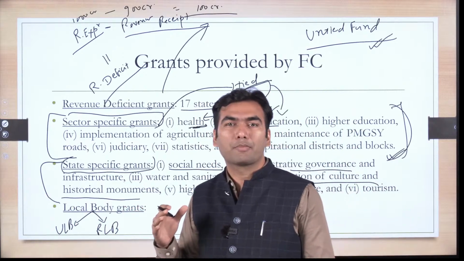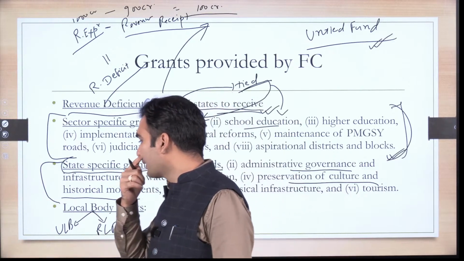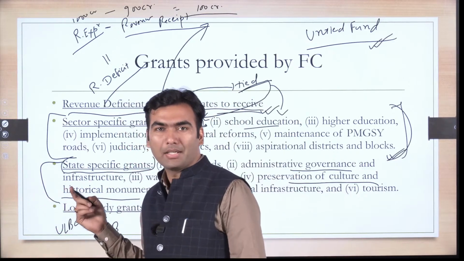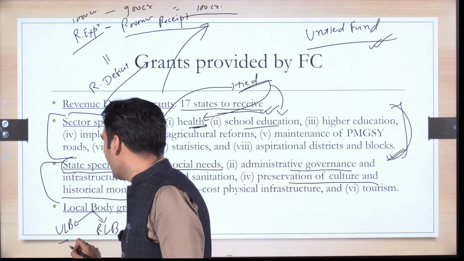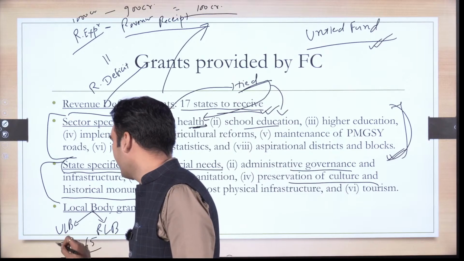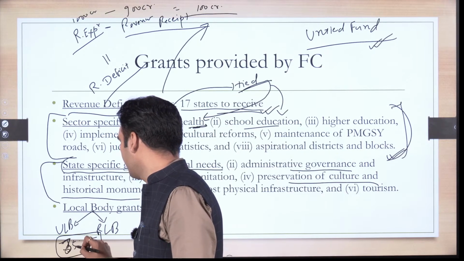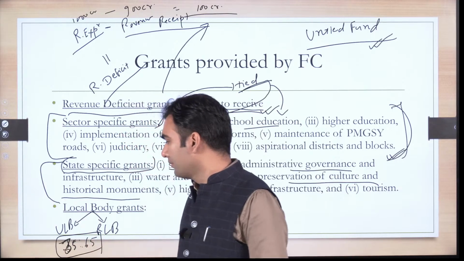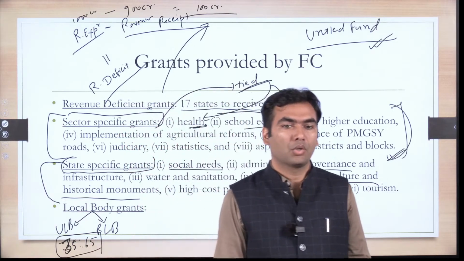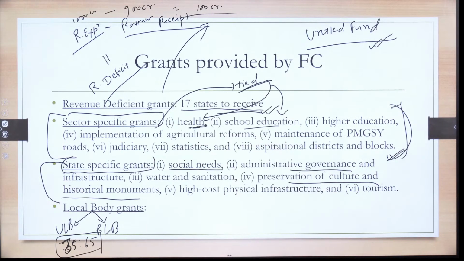Now, as per the latest projections, it is expected that the share of urban population has increased. So now the new ratio is 35 is to 65. Okay, so urban local bodies will receive 35%, rural local bodies will receive 65%.